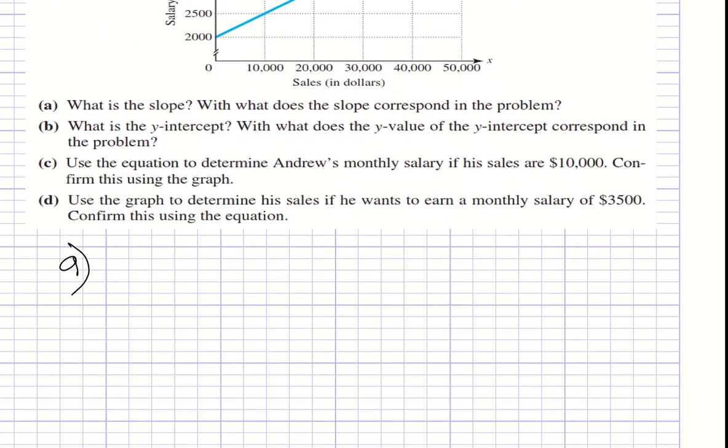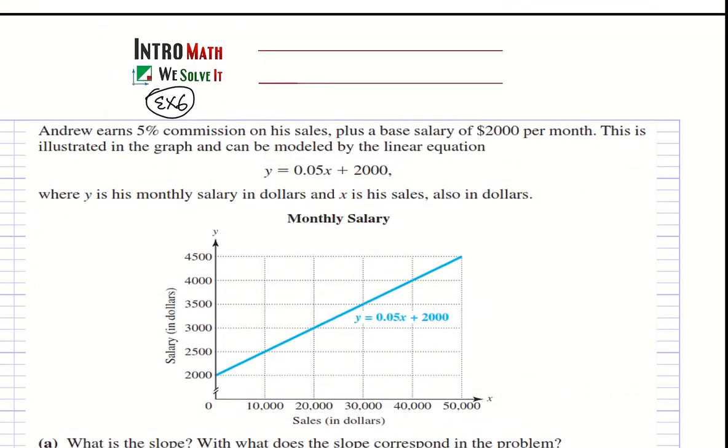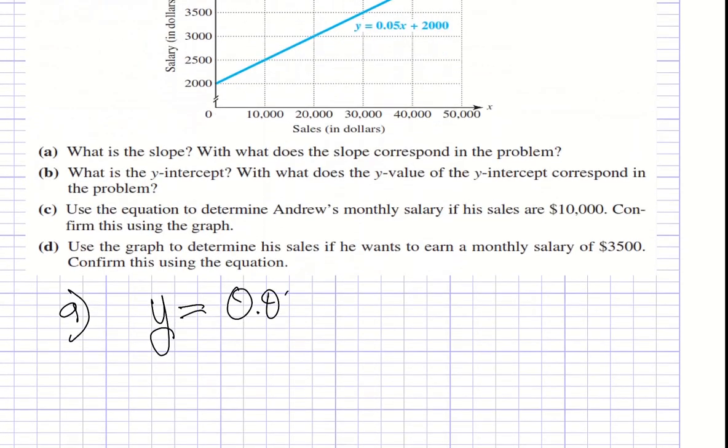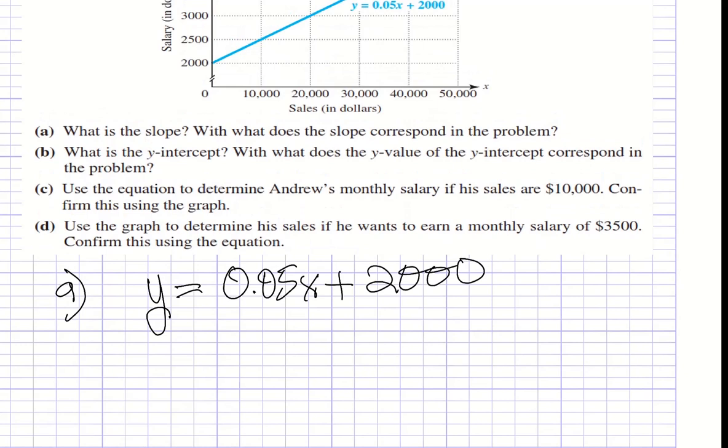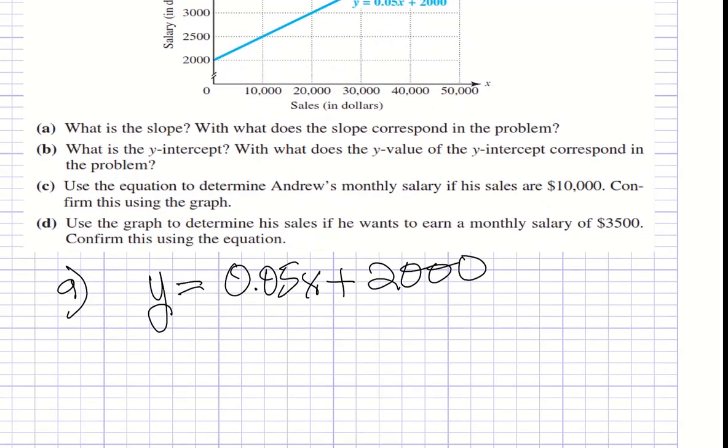The equation is 0.05x plus 2,000. So compare it to slope-intercept form. Slope-intercept form is y equals mx plus b, where b is the y-intercept and m is the slope.